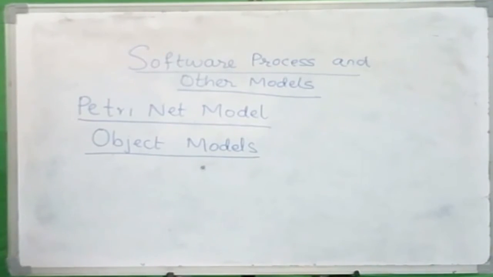Object model represents entities and relationships between entities. Each box represents a type of object, and the names, attributes, and the methods of the objects are listed in the box. The top section of the box is for the name of the object, and the second section is for the attributes.